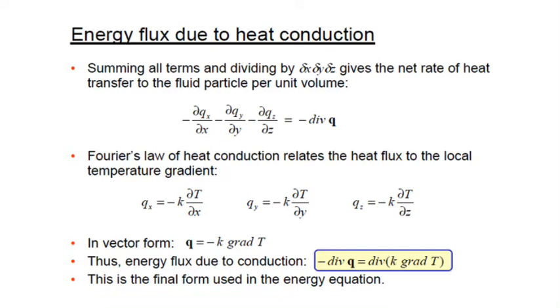Altogether for three directions you can write it in vector form as q is equal to minus k gradient T. Therefore your energy flux due to conduction will be minus div q, which is equal to divergence of k gradient T. That is, the q value minus k gradient T is substituted in the first relation, giving divergence of k gradient T. So this is your final form used in the energy equation.